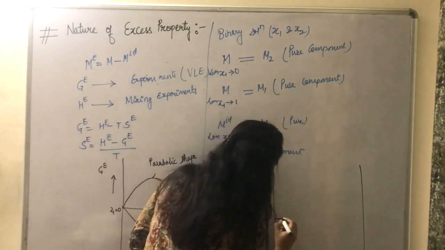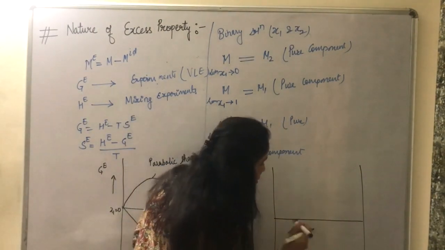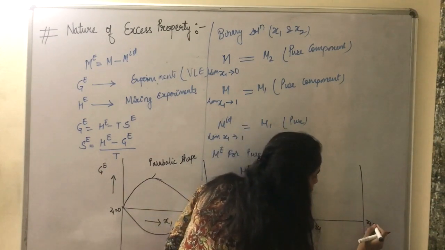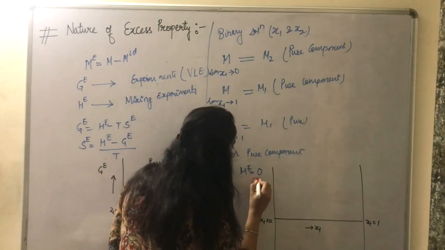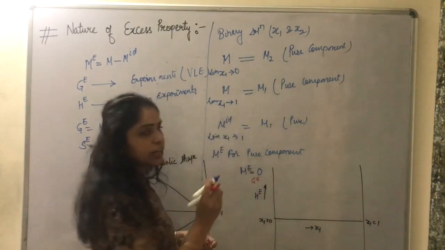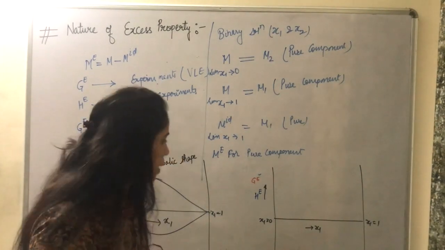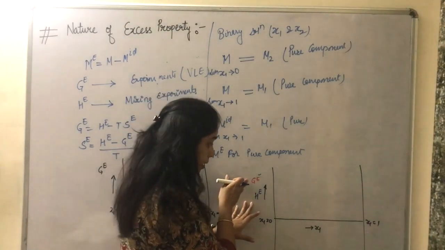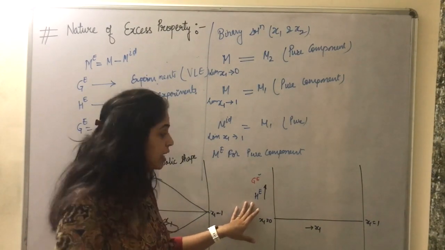So now here, x1 is 0 at this point, x1 is 1 at this point. Here we have GE and we also have HE, because HE का relation GE के साथ, तो क्या relation होगा HE का with respect to GE. So HE can be greater than excess Gibbs free energy, it can be lesser than excess Gibbs free energy.